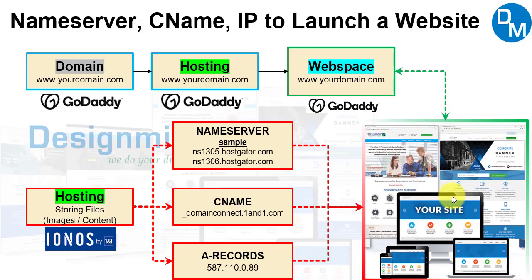So you can use the name server type, the CNAME option, or the A record to launch your website. These three methods are useful when you register your domain with one provider and hosting with another provider.